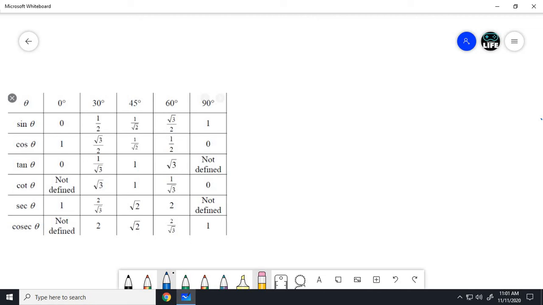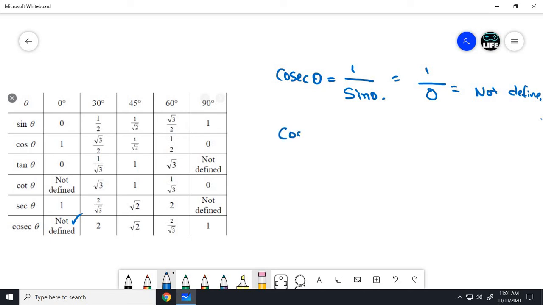Okay, now check for 0 degrees. So cosecant 0 equals 1 by sin 0, and sin 0 is 0. So it is not defined. Yes? Not defined.